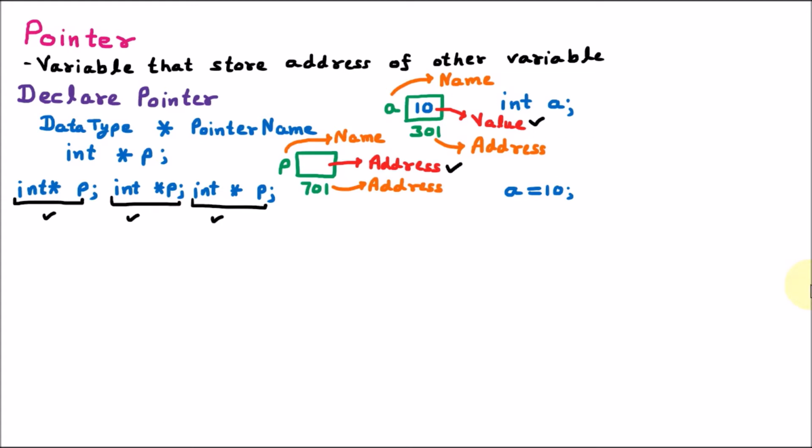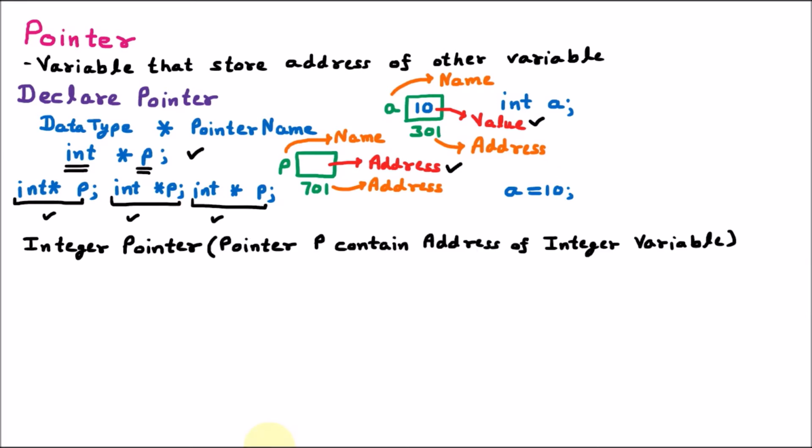If you are declaring a pointer variable, then how do you read it? Here we can say that it is an integer pointer. If we understand the proper meaning of this integer pointer, it says that pointer p has the address of a variable which is of integer type.